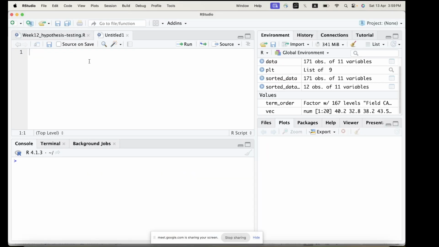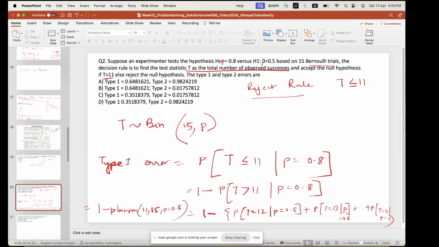So here, 1 minus pbinom 11, size equal to 15 and prob equal to 0.8. This is 0.648. That is the type 1 error. Okay, so this is 0.648.